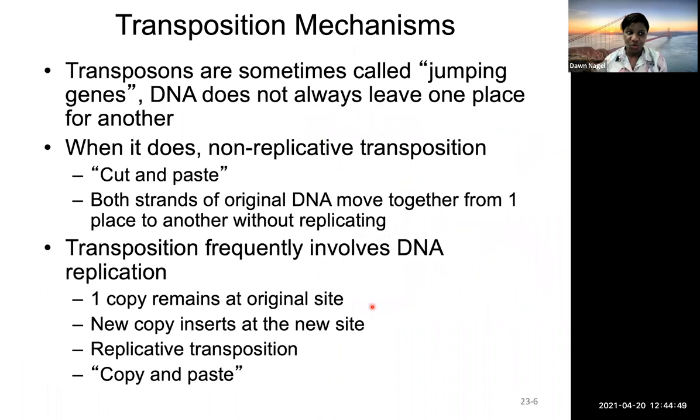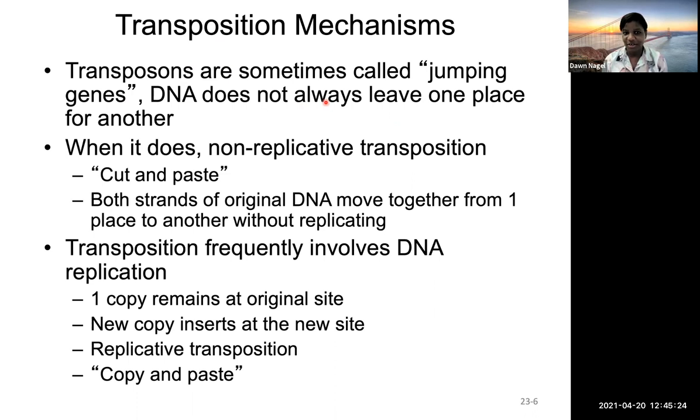And the way that transposons in general are able to move around in the genome has been well studied. So there are different types of transposition mechanisms, the way that they move or transpose. They are usually also referred to as jumping genes, right? So they can move from one location to another, and they do not always have to do this by completely removing itself from that location, okay?